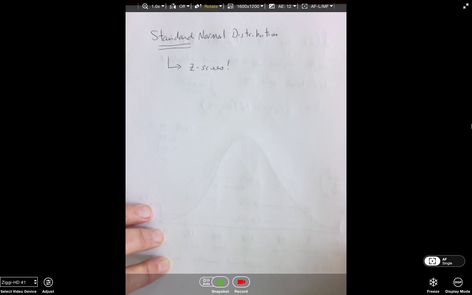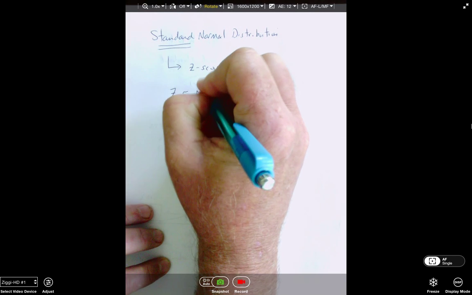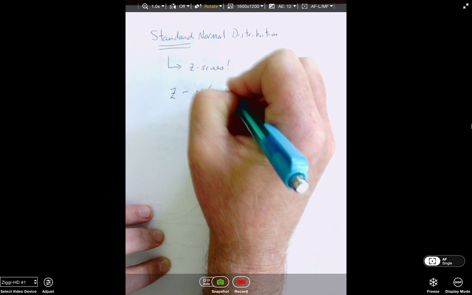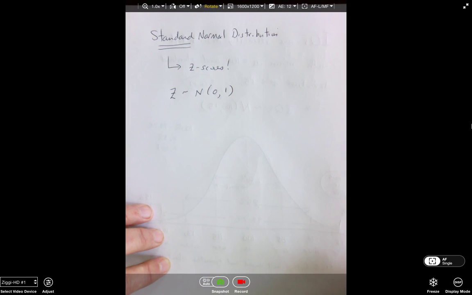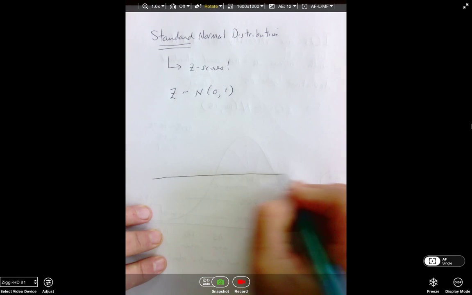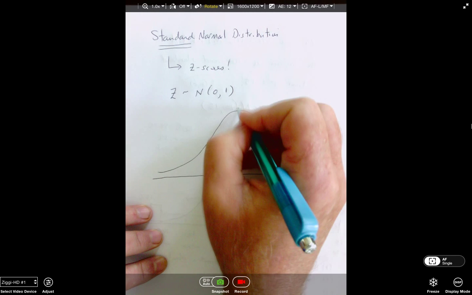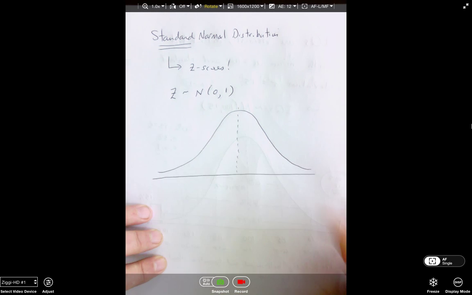That we want to do a distribution simply of z-scores. Well, gang, it turns out that z-scores form a normal distribution with a mean of 0 and standard deviation equal to 1. So we can always look at the standard normal distribution, which turns out to be an important tool in inference.